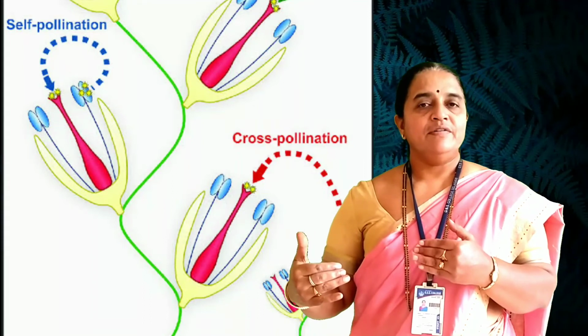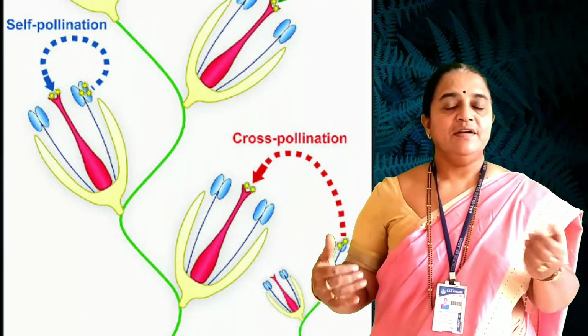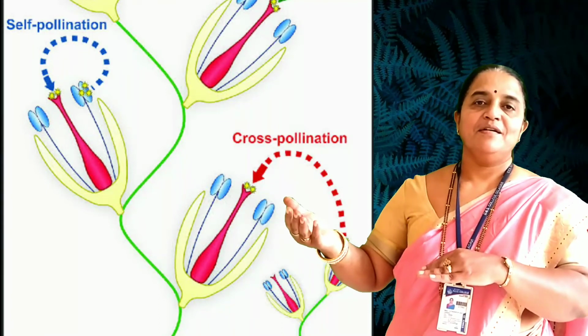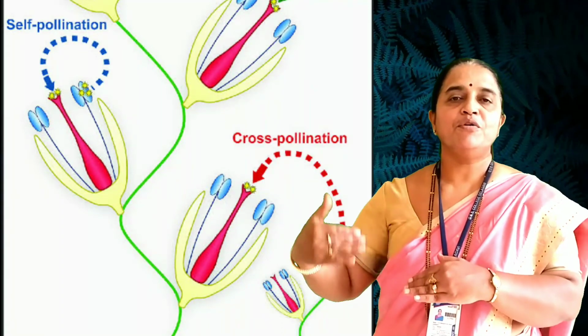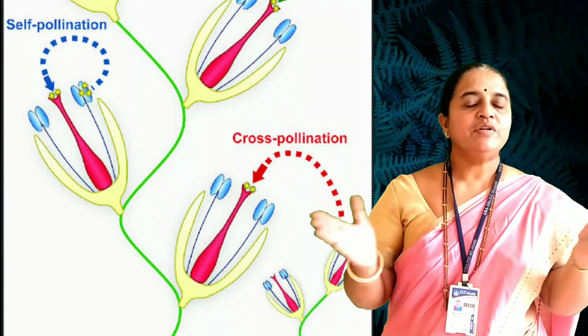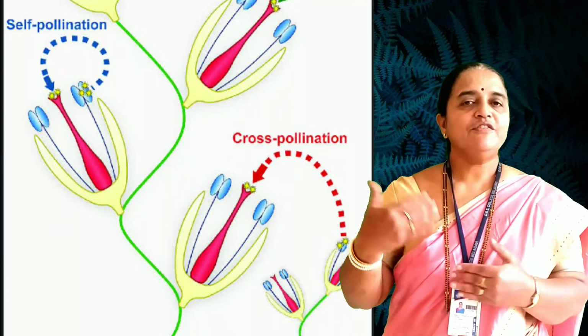There are some flowers that show the reverse condition, means first the megaspore develops and then the microspore. This we call protogyny. So under dichogamy condition, maturation time differs. Based on that, we call it protandry, where the androecium matures first, and protogyny, where the gynoecium matures first.